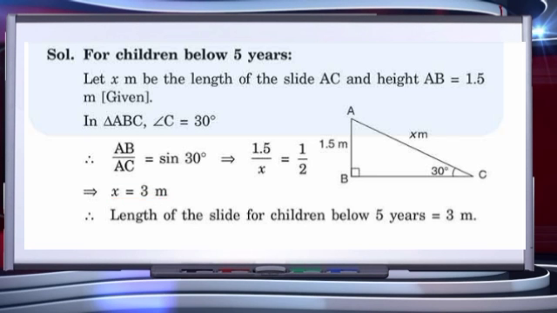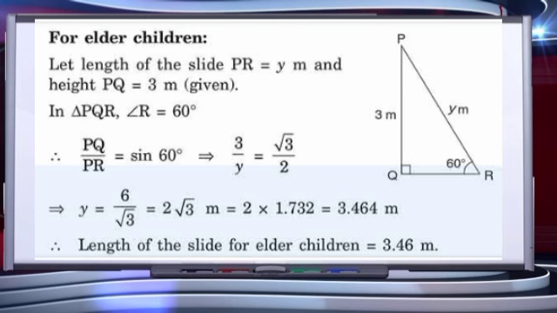Next, for the children above this age, we will first draw the figure for the same. As you can see, the height required is 3 meters and the angle with the ground is 60 degree. So here we need to find y. So again we are going to apply sine theta. So sine is perpendicular upon hypotenuse.